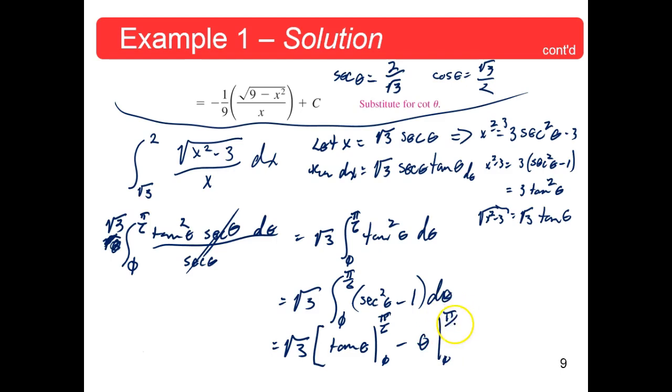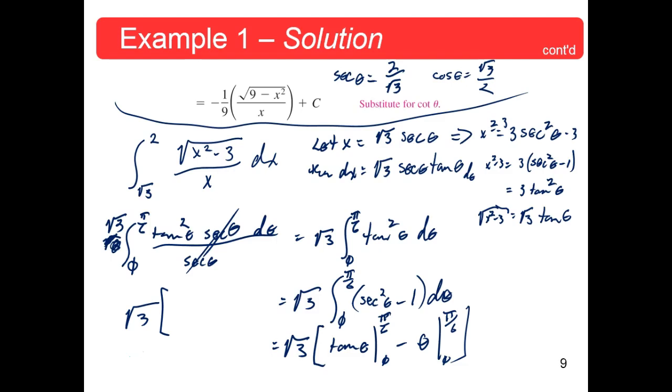Now, I could have put them together, but I thought I wanted to separate them. It doesn't matter which way you do it. So this will be a root 3. Now, what's the tangent of pi/6? Does anyone know what sine of pi/6 is? 1/2.